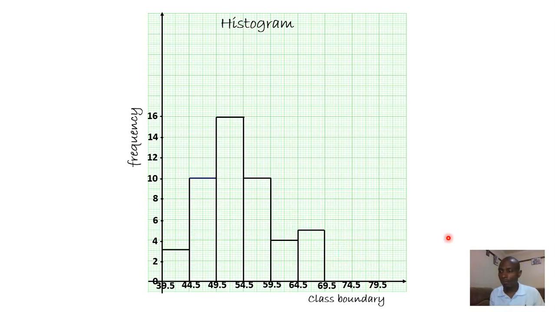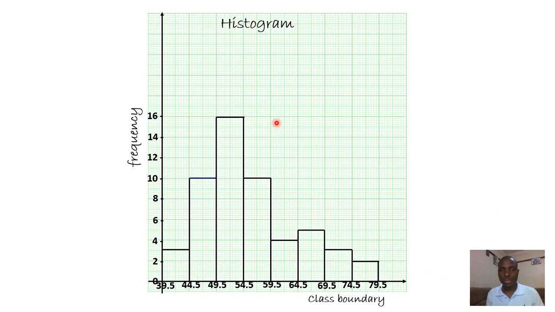And then we have 3. If this is 2, 3 is around there. So we have this. And then lastly, 2. Yeah, so that is the histogram.